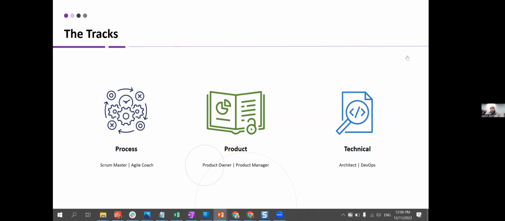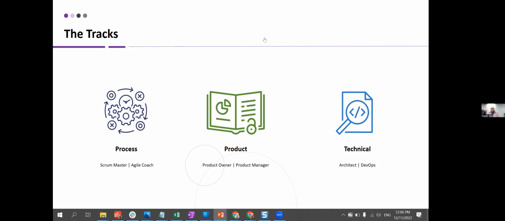So there are three tracks. There is process, product, and technical. Okay, process, product, and technical. Now, in terms of process, this is where you will see people like Scrum Masters, and if you've heard of Agile coaches, these are different roles, but at least if you've heard of these roles before, those are people who are focused on the process.